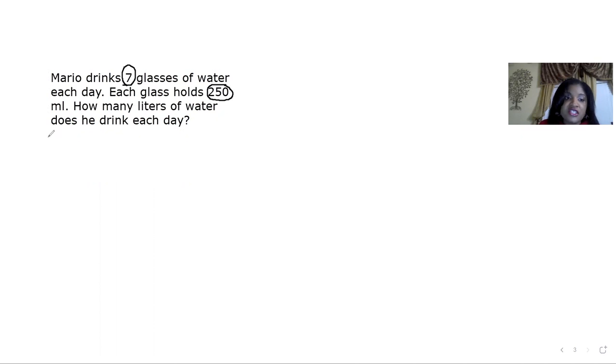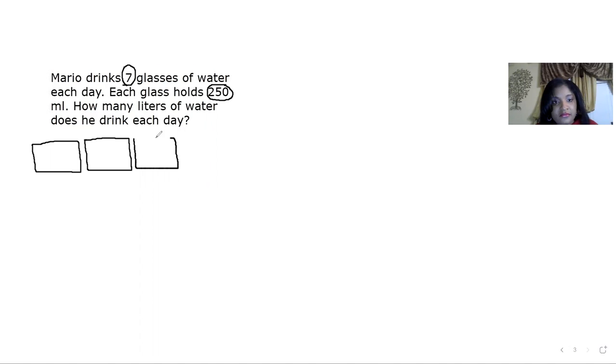So we can draw a representation again. So we have 1 glass. Let me actually do it. It's easier to write sideways. So we have 1, 2, 3, 4, 5, 6, 7.